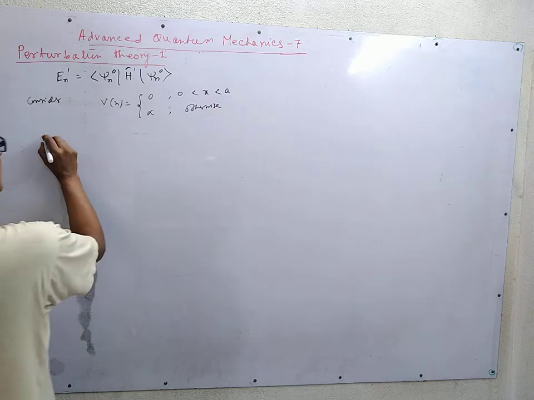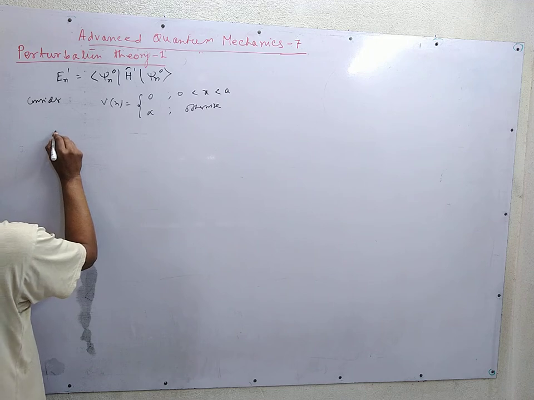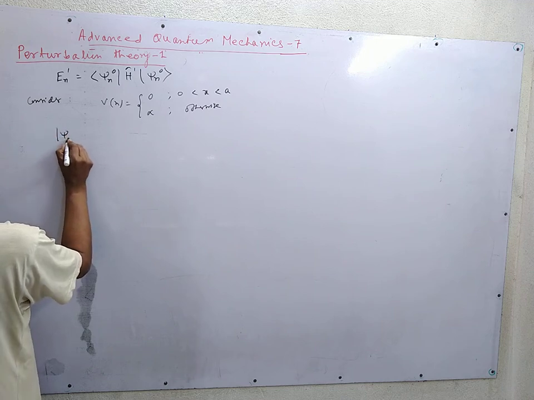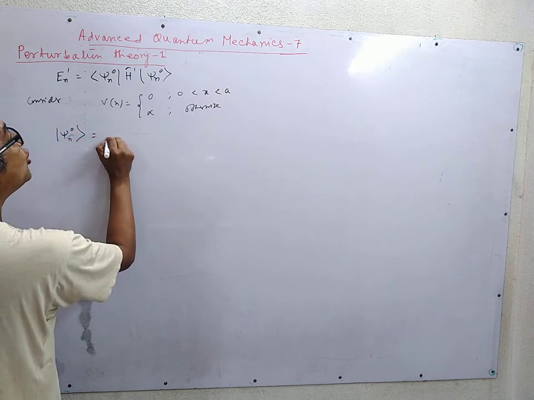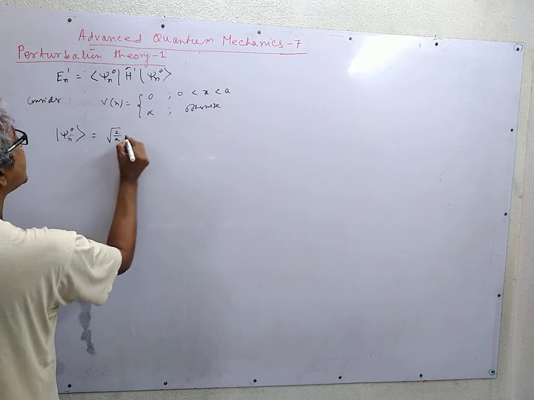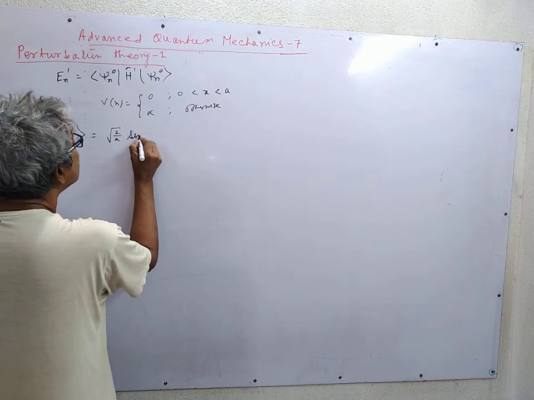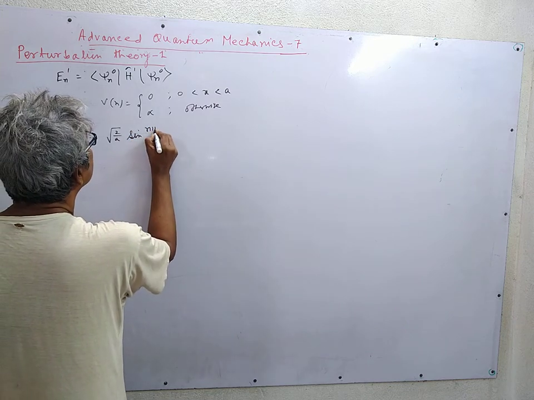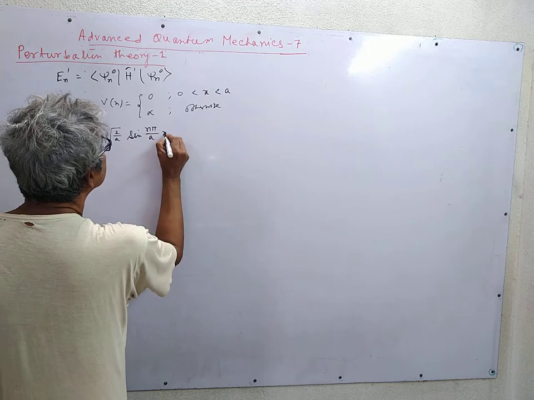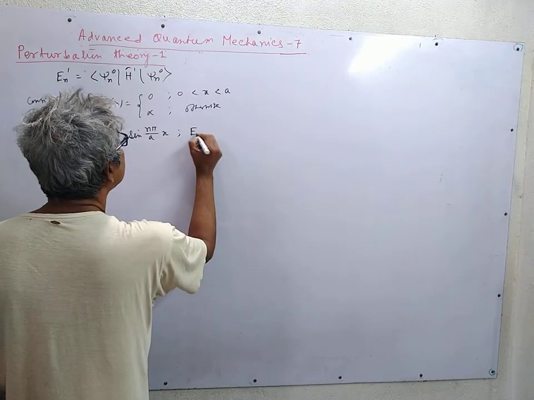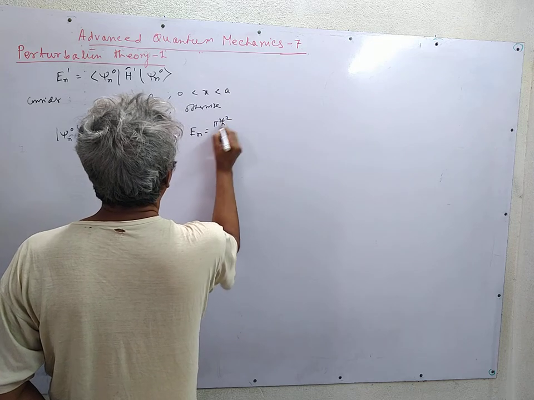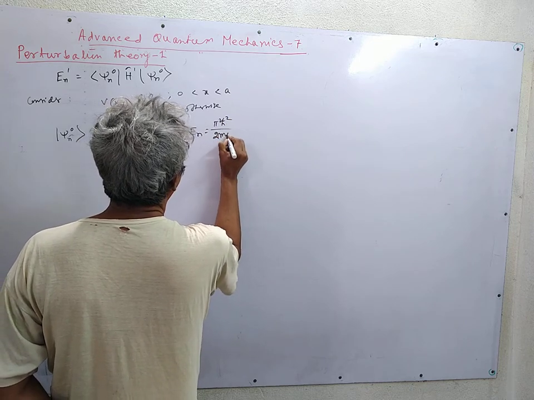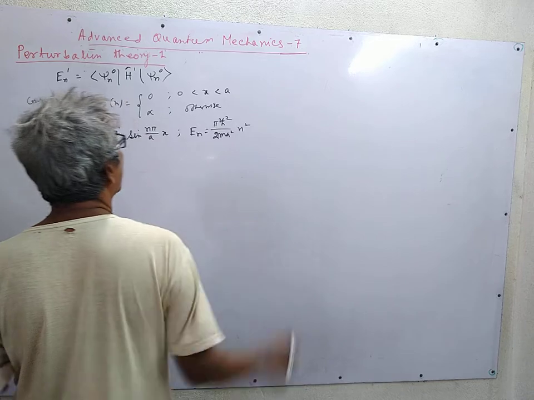We know the unperturbed state in this case, psi n0 is square root of 2 by a sine of n pi x by a, with energy En is equal to pi square h bar square by 2 m a square n square.